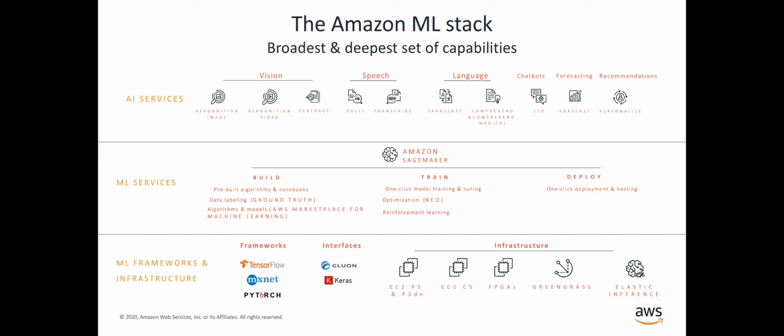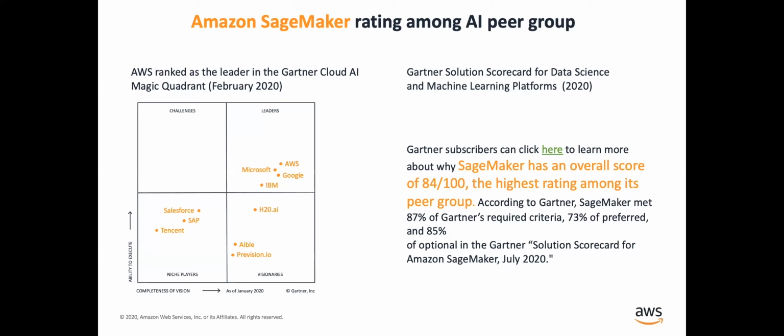But for cloud AI building, this is the chart published this year. I think they're not ranked very high, all four companies, AWS, Microsoft, Google, and IBM.